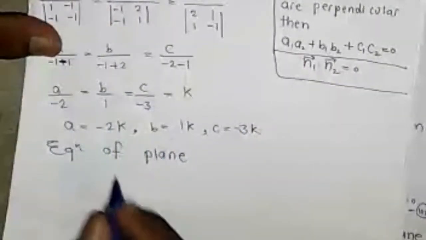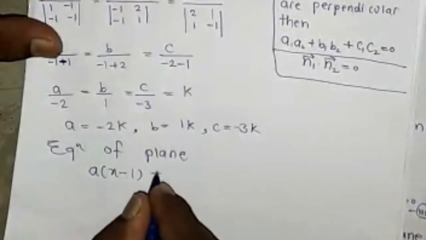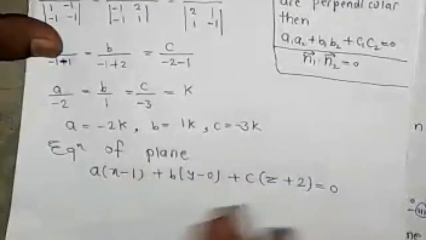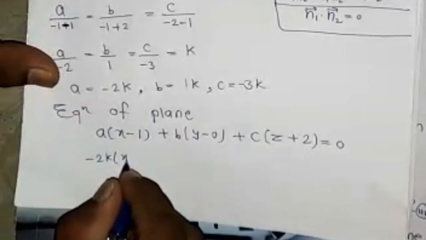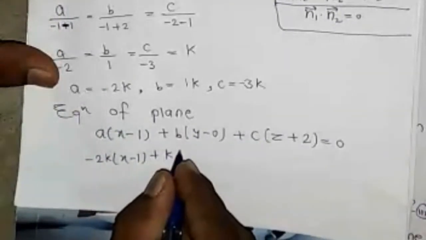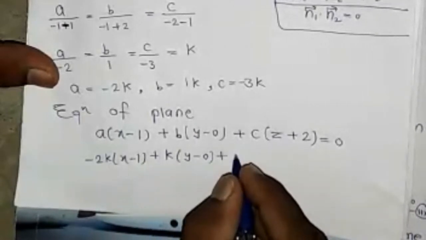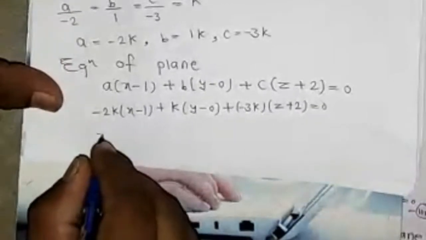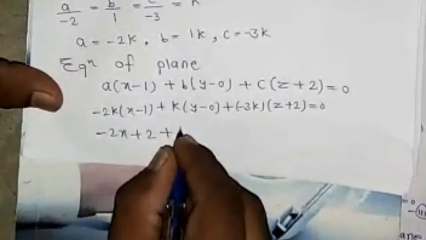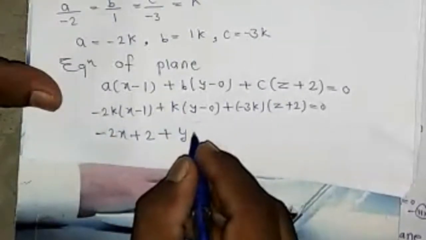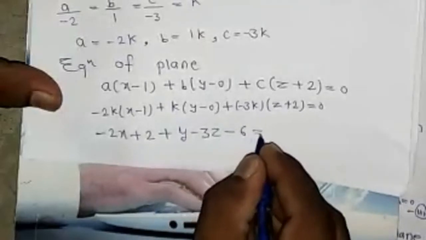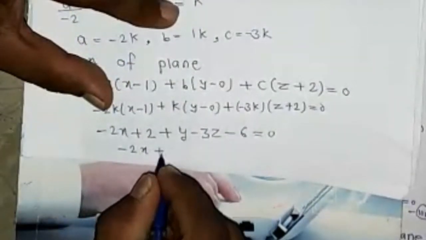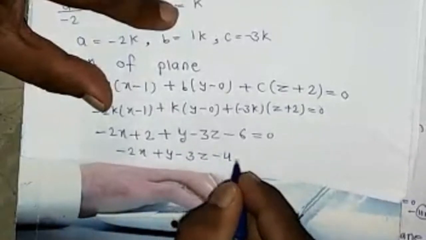Then the equation of the plane is a(x - 1) + b(y - 0) + c(z + 2) = 0. Putting the values of a, b, c: -2k(x - 1) + k(y - 0) - 3k(z + 2) = 0. Dividing the whole equation by k, we get -2x + 2 + y - 3z - 6 = 0, that is -2x + y - 3z - 4 = 0.